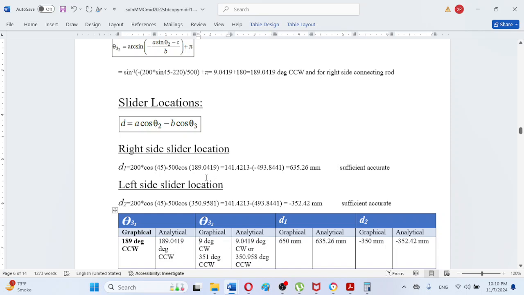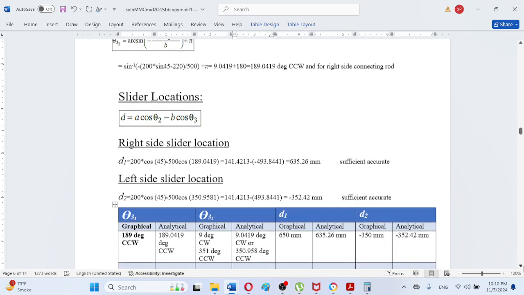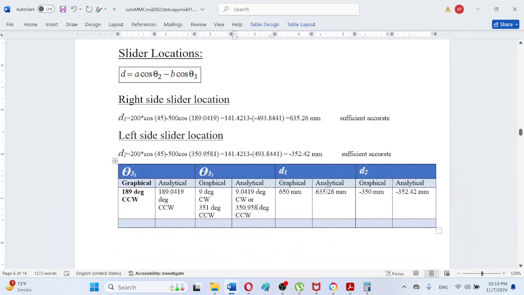So here theta 32 analytic result is mentioned as well, and in a similar manner this is the D1 graphical result, and this is the analytical result, and this is the D2, negative 350 and negative 352.